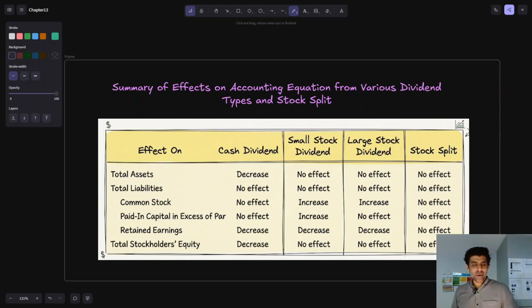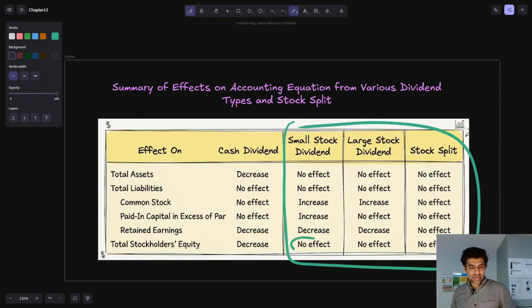The rest of this is all financial engineering. You can see here that all of these have no effect on the total stockholder equity. You're just moving balances around. In this case, you're literally doing nothing. But for these two, you're just moving balances between retained earnings and paid-in capital. You're just shifting it around, and there's no net difference in the total. Okay, so is everyone clear on that?